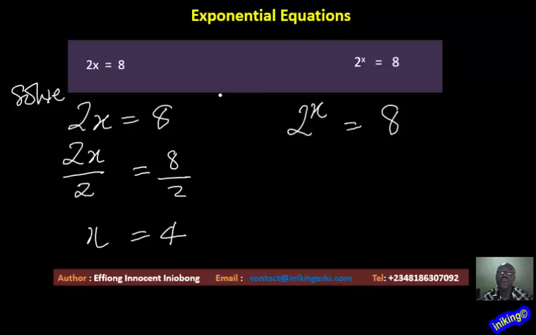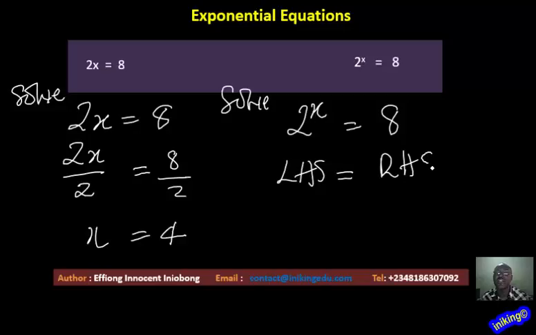If we are asked to solve for x in this case, we are simply trying to find the value of x so that 2 raised to power that value will give us 8. And to solve an exponential equation, it will be nice if we can express both the left hand side and the right hand side in the same base.